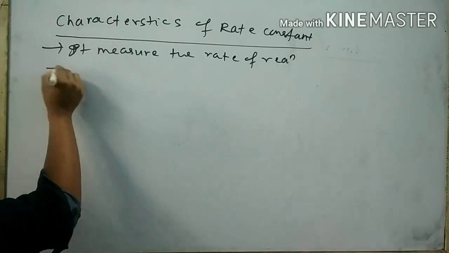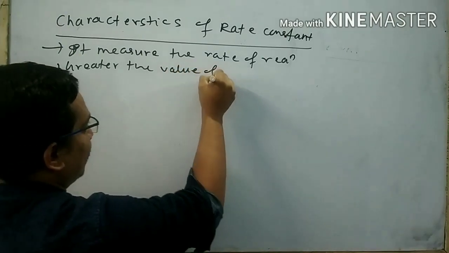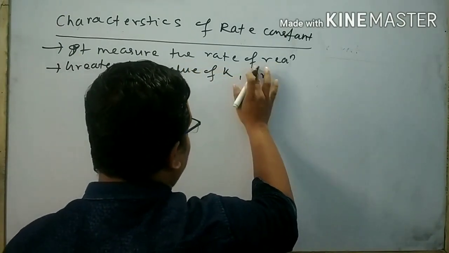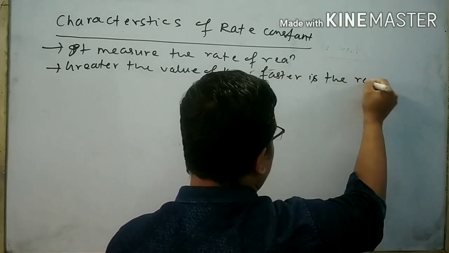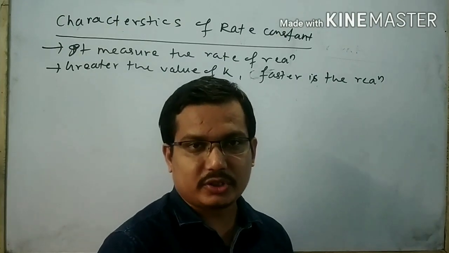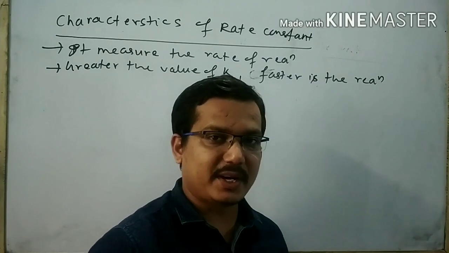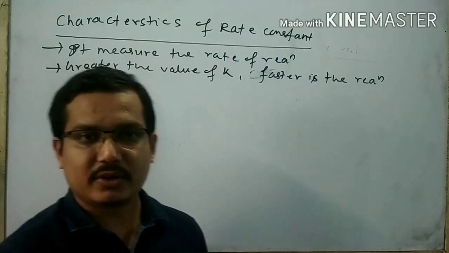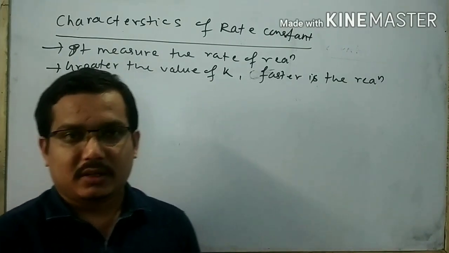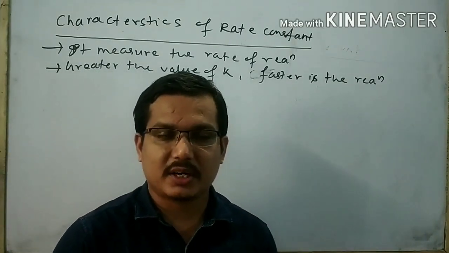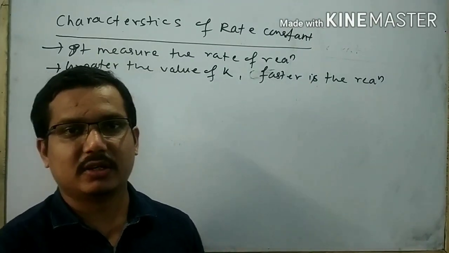So we can write, the greater the value of K, the faster is the reaction. The value of rate constant for a particular reaction is constant at a constant temperature. If the temperature increases, then the value of rate constant changes. When we increase the temperature, the reaction occurs faster because the reactant easily undergoes reaction.